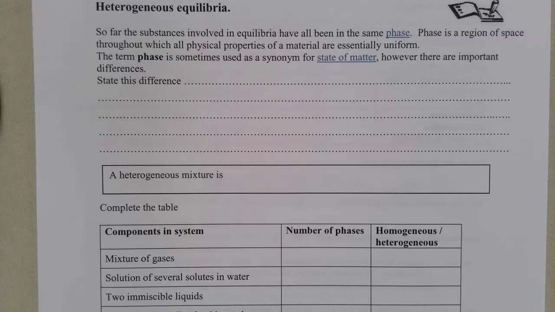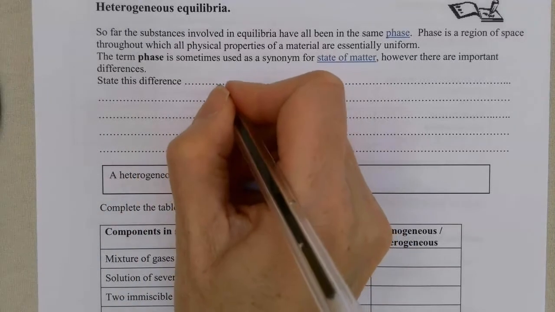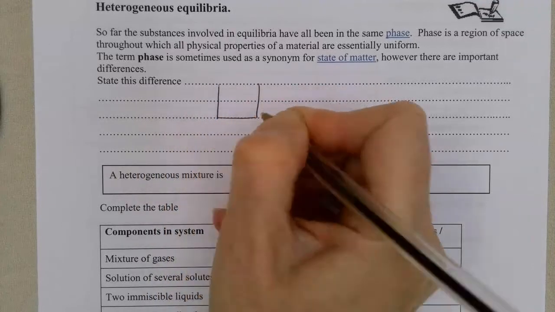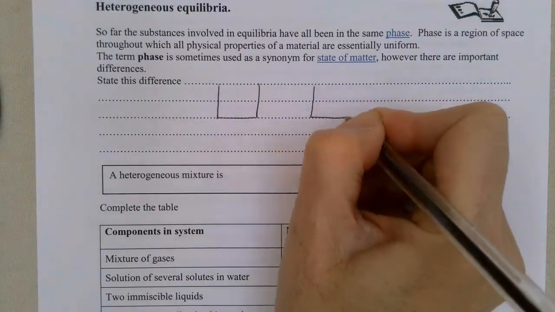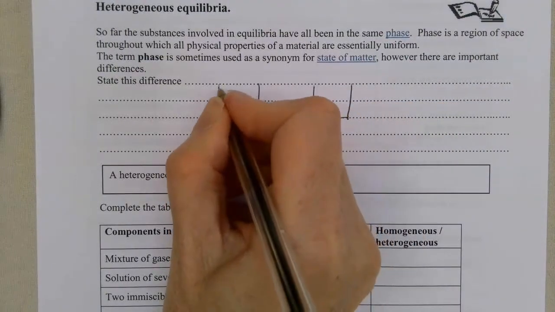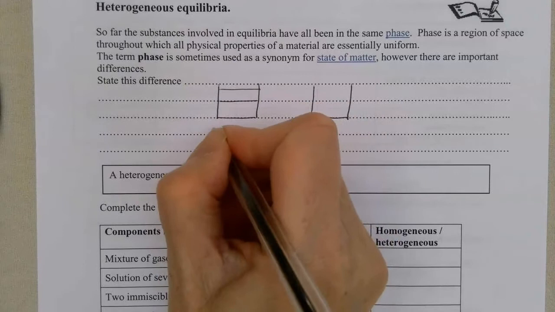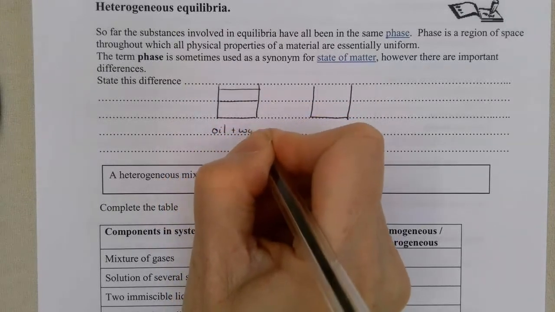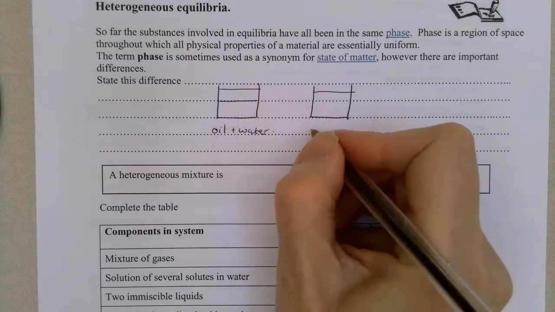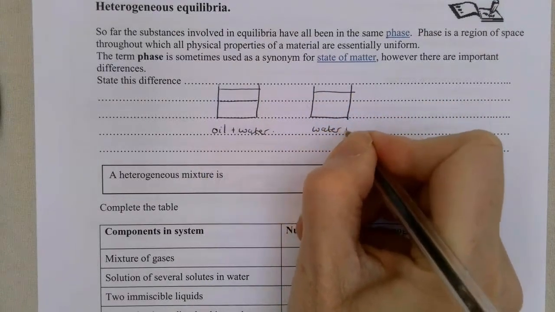So the best way of thinking about this is to be thinking about two containers all containing liquids. So in container 1, I have two liquids. I have oil and water. And in the second container, I have water and alcohol.